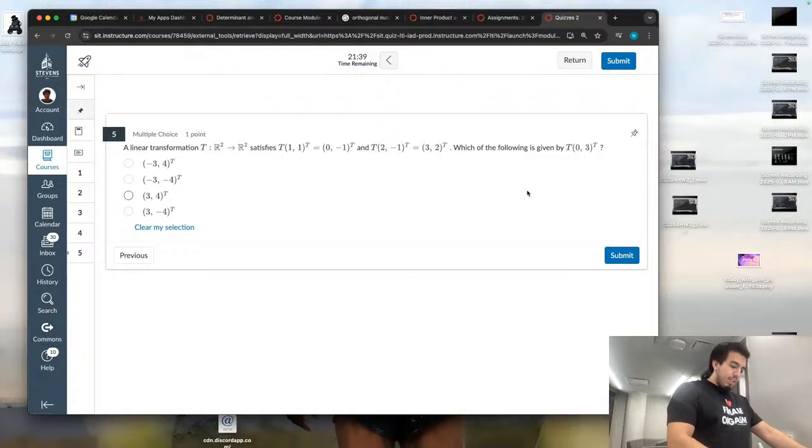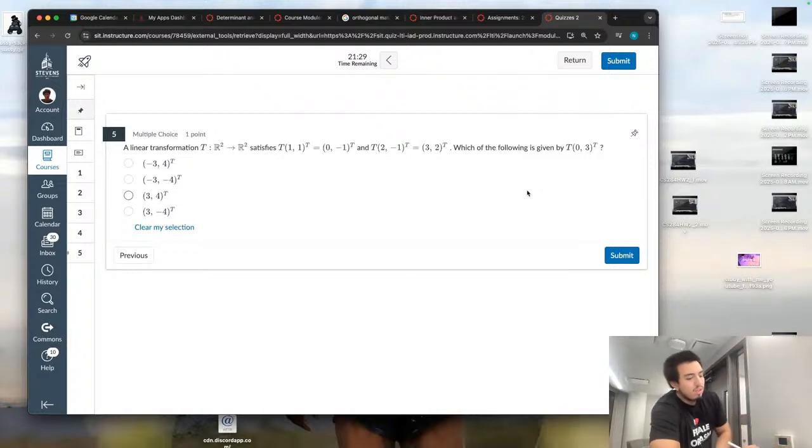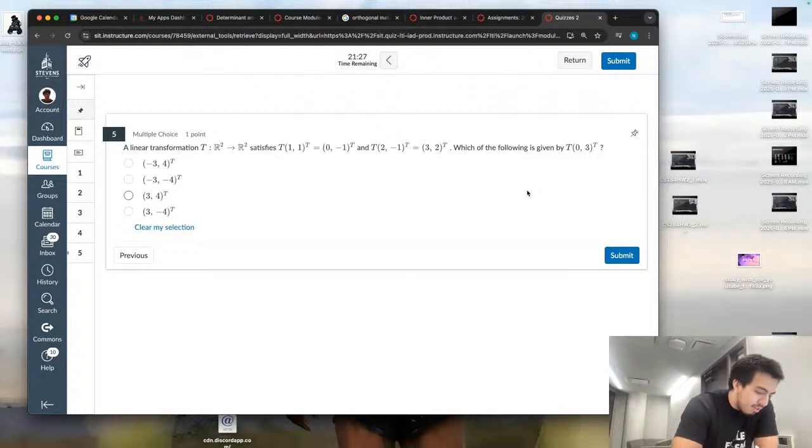Which of the following is given by that? Well, T has to be a 2 by 2 for this to work. So we can easily assume. Ooh, I remember how we did this.